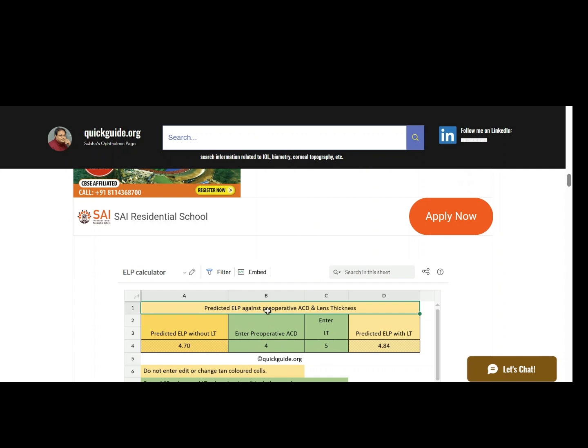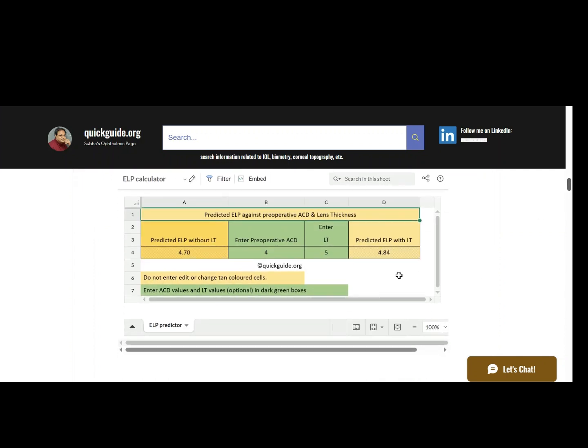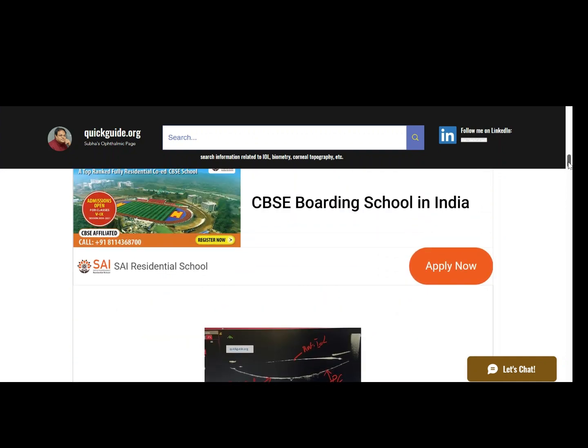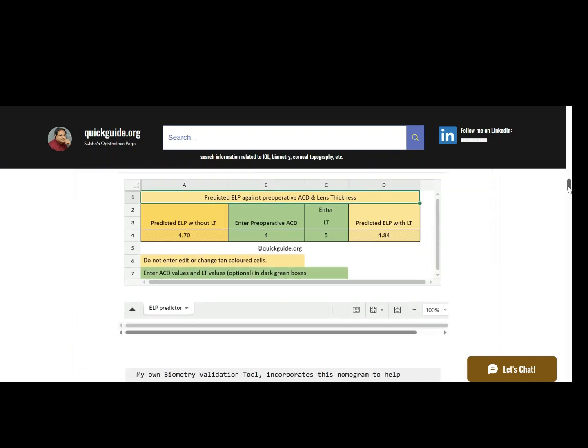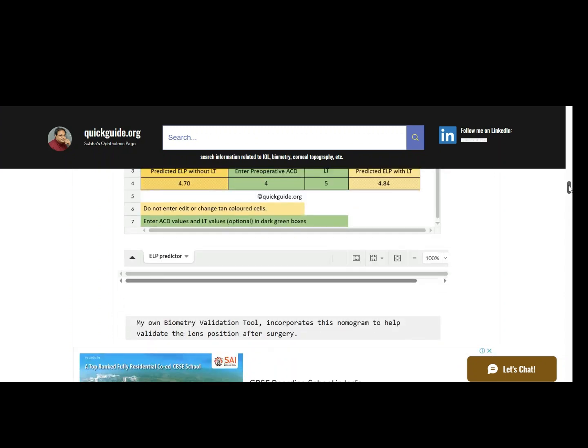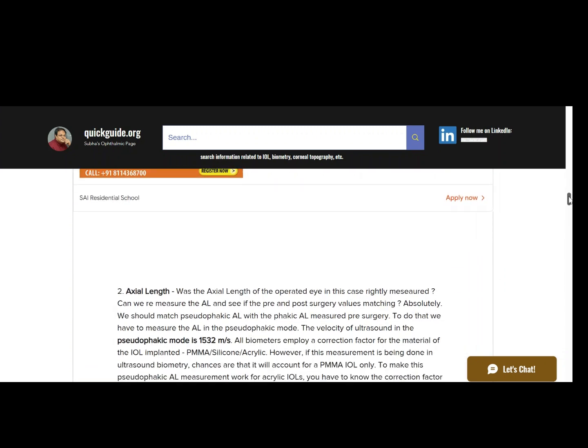So here you can use this tool to help yourself understand what could be the predicted ELP and what is the actual ELP. So it is important that you do a pseudophakic biometry and then understand where the lens is sitting and how far it is deviating from the predicted ELP. This is a tool that has been created over here to help you understand.